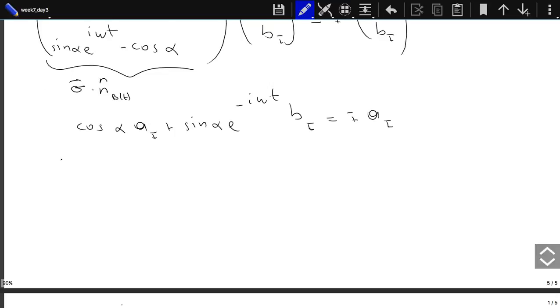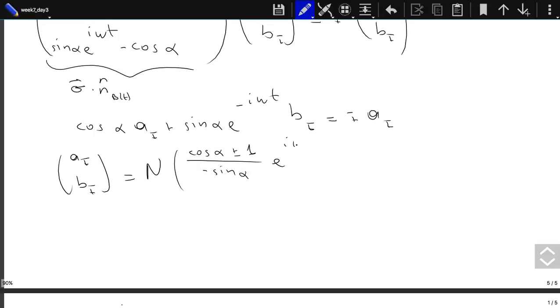So this A plus or minus, B plus or minus, this is some normalization, times, let's say B is 1. If B is 1, then A is sine alpha, or let's say A is 1. If A is 1, this is cosine alpha plus or minus 1 divided by minus sine alpha times e to the power i omega t. That's B.